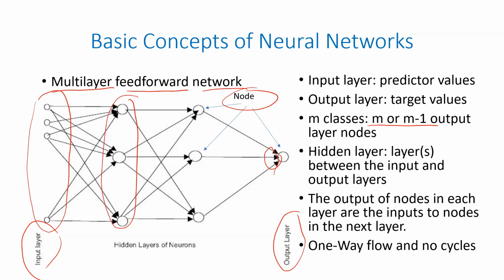All the layers of nodes between the input and output layers are called hidden layers, which produce the intermediate models that connect the input layer nodes to output layer nodes. The most popular type of neural networks is the multi-layer feed-forward network that is shown in the diagram here, and only has one-way flow and no cycles.